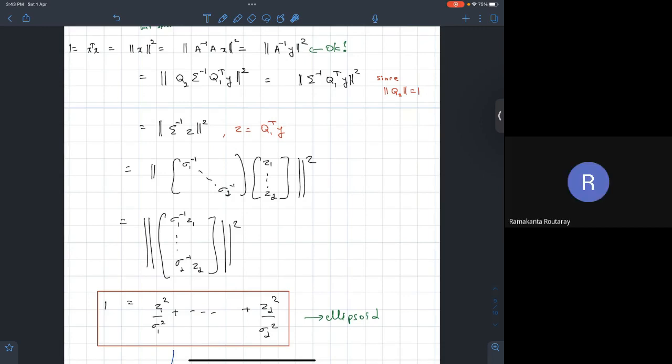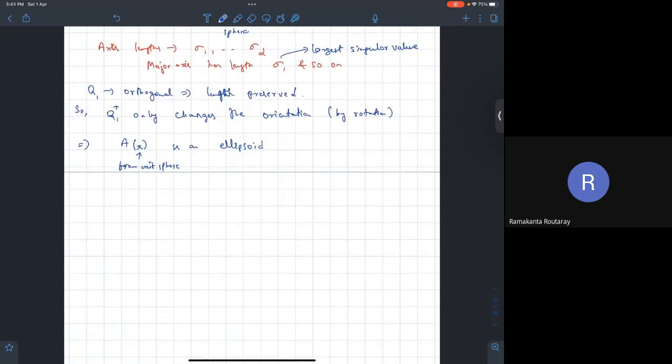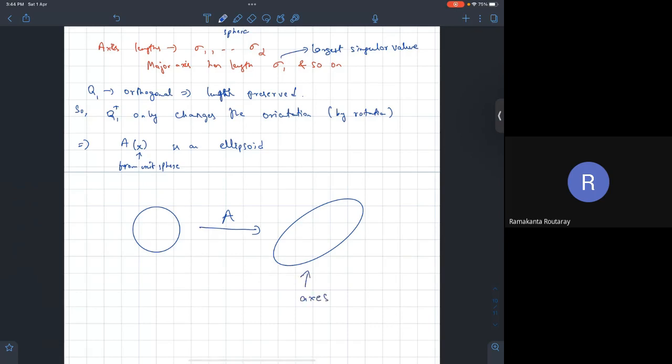Sir, in summary, what exactly will you do for the SPD, like the ellipsoid? No, in summary, what I'm trying to tell you is you take anything from the unit sphere. I don't know how to draw this. Okay, let's draw something. You take anything from the unit sphere. Then apply A. What you'll get is an ellipsoid whose axes get decided by the ellipsoid axis lengths sigma 1, sigma 2.